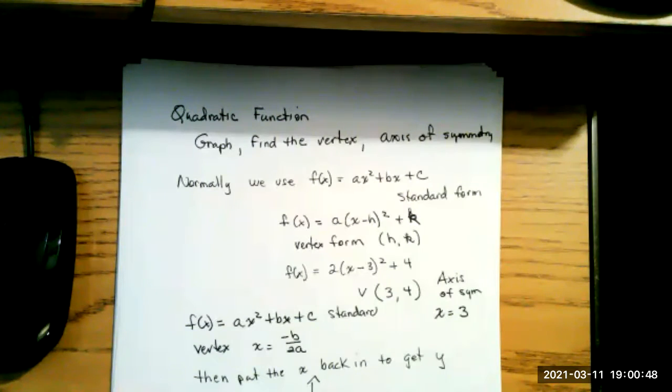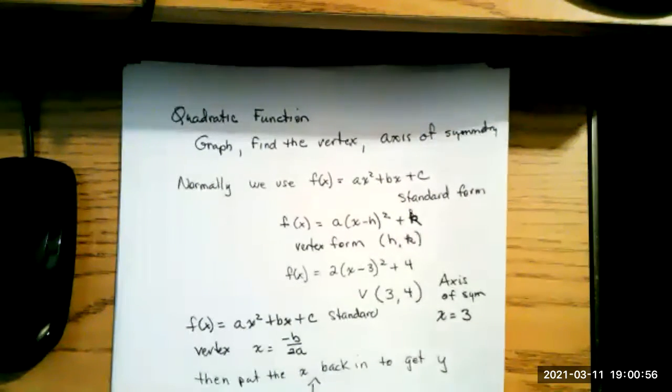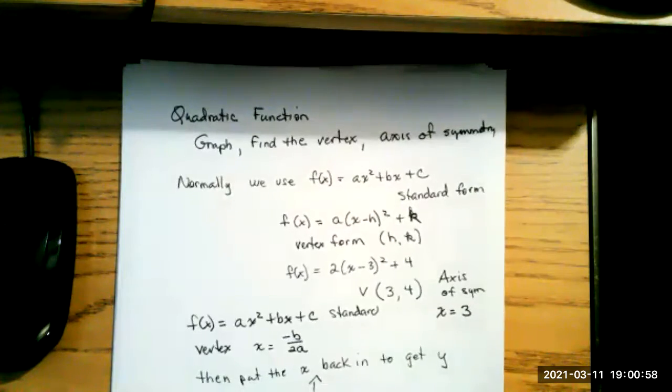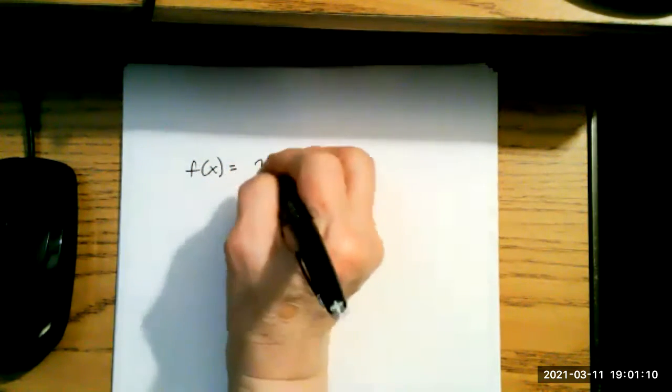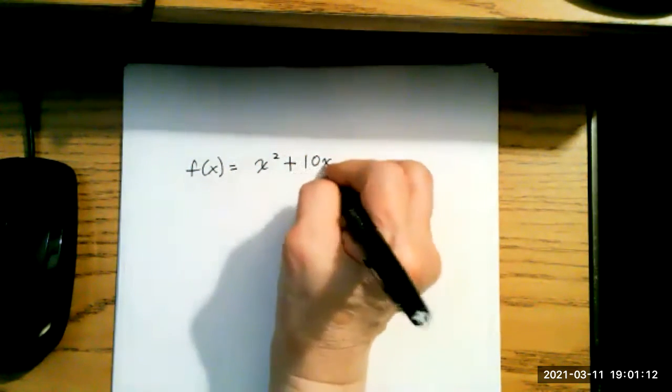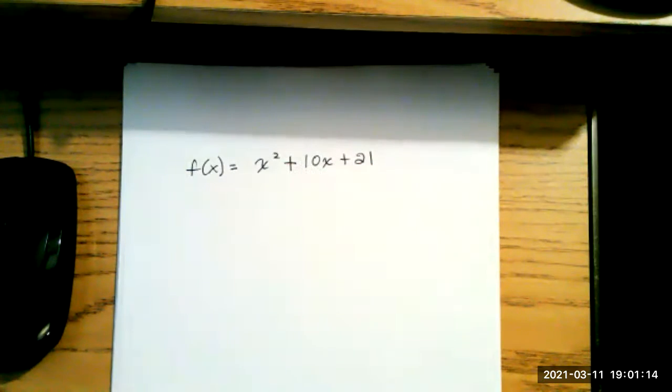Okay, let's do an example problem that will help us figure out how to do these parabolas. f of x equals x squared plus 10x plus 21.